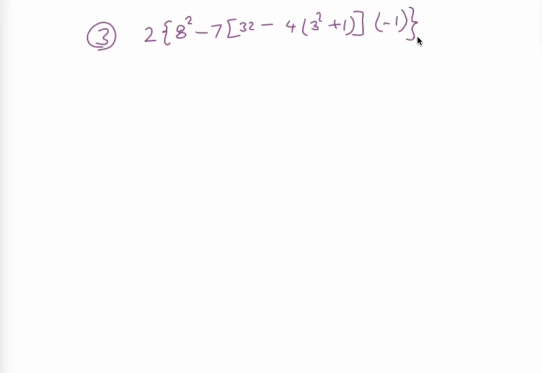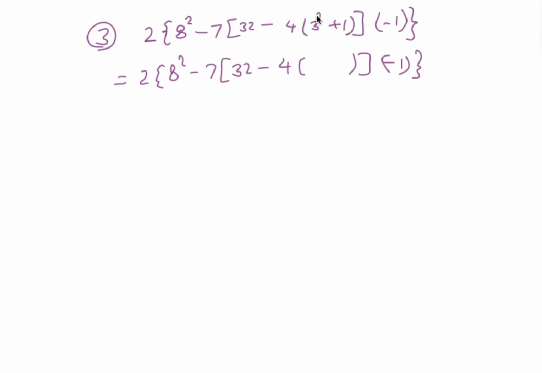So here many parentheses, so which one do we do first? Innermost. This is outer, then this is inner, but this is innermost. So we solve this innermost parenthesis, and inside each parenthesis we simplify using the order of operations as well. So here, 8 square minus 7, 32 minus 4, and we solve this parenthesis.